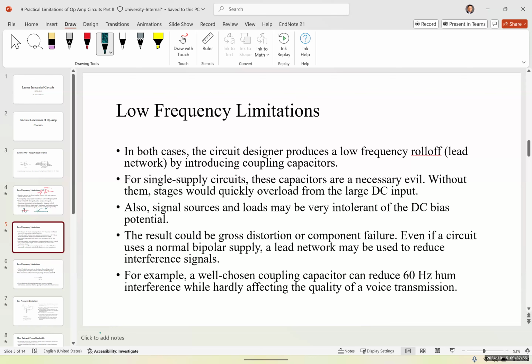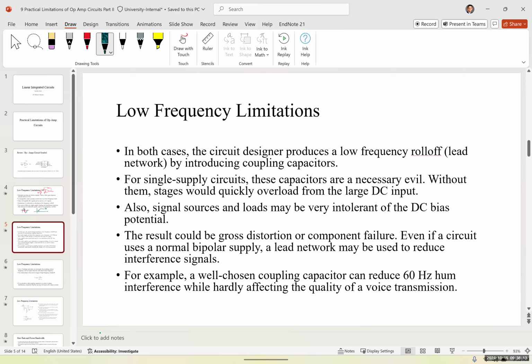For single supply circuits, these capacitors are a necessary evil because, again, we need them to separate the DC power supply from the input. Without them, the stage would quickly overload from the large DC input.